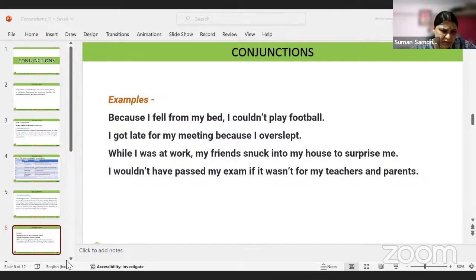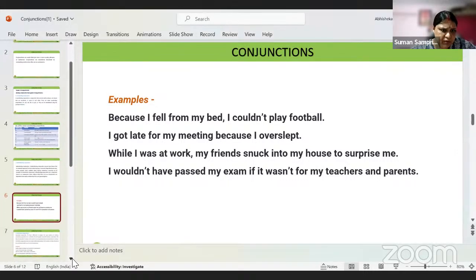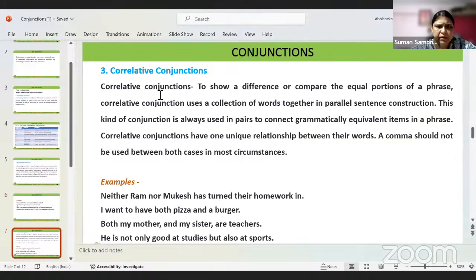The next one is correlative conjunction. See, correlative conjunction will always be used in pairs. Okay, you will find them in pairs. You will not find them alone. They are very scared to be used alone. I don't know. Or maybe they are very good friends. So they cannot be separated.